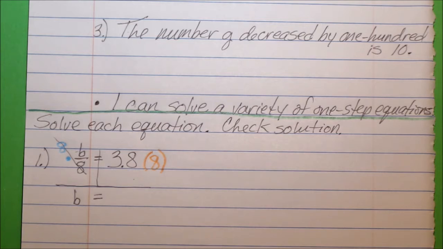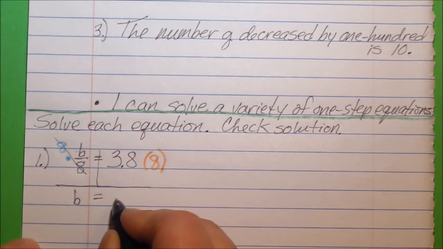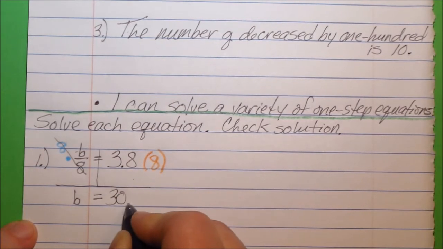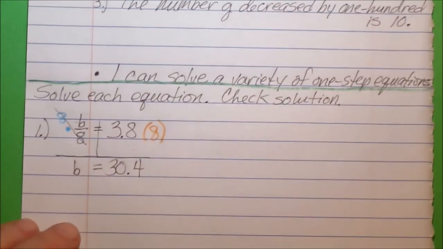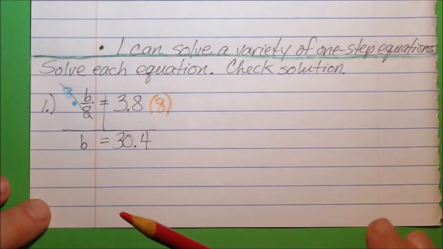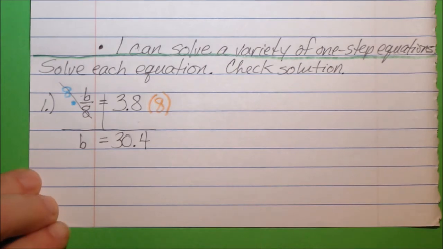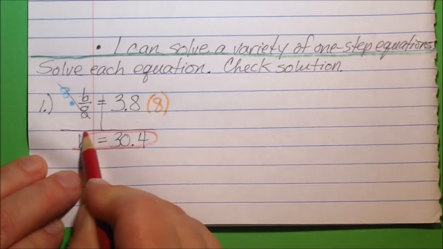So I'll put that in parentheses instead. All right, so 3 8/10 times 8 is 30 4/10. There's my answer, and now I need to do my check.